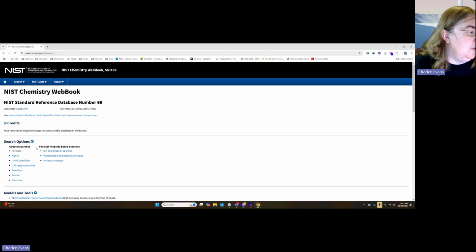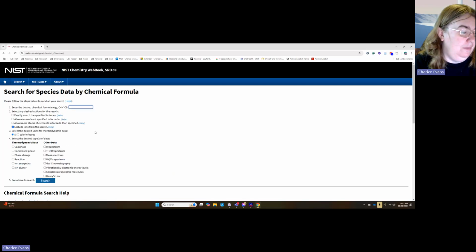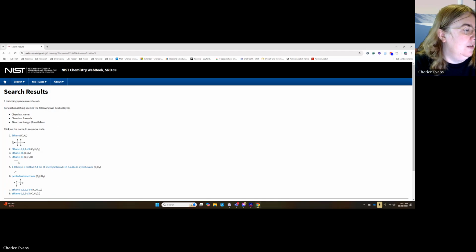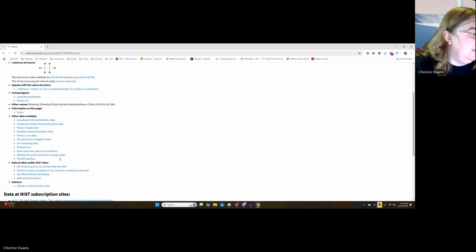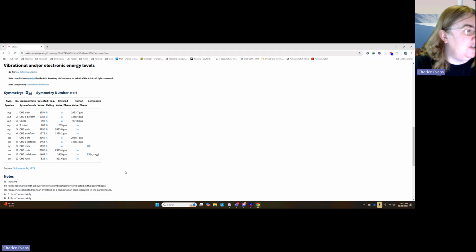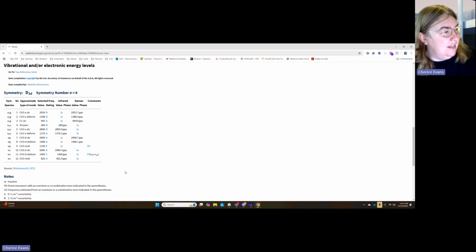In the NIST Chemistry Webbook, I'm going to check to see if I have vibrations, and I do. And it has the symmetry number. Life is very good. So I have a symmetry number of 6.